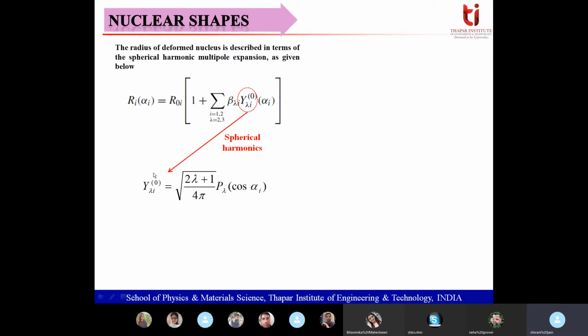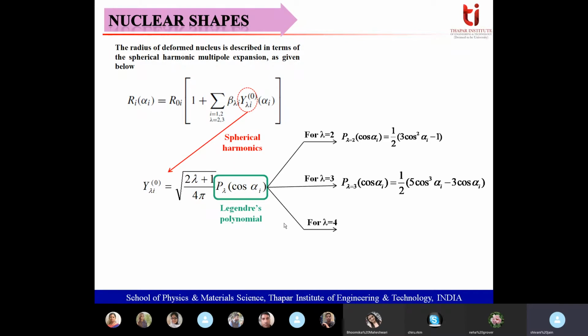Here 0 means that we are considering axially symmetric shapes. In the expression of spherical harmonics, P lambda cos alpha gives us the Legendre polynomials, and they have polynomials for all the shapes.